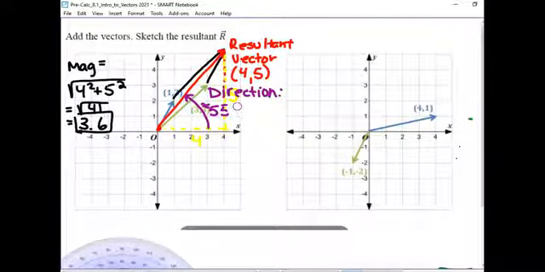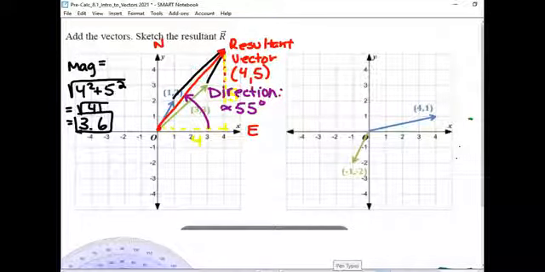Another way we could put that is, instead of saying 55 degrees from 0, we can talk about how this is east, this is north, this is west, and this is south.